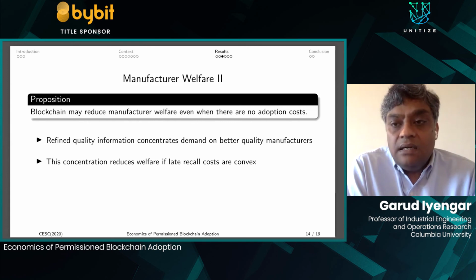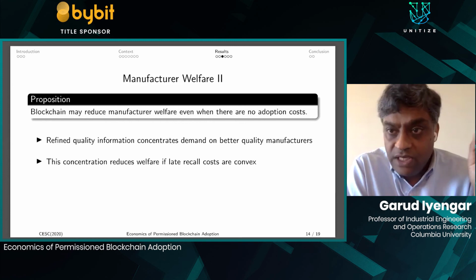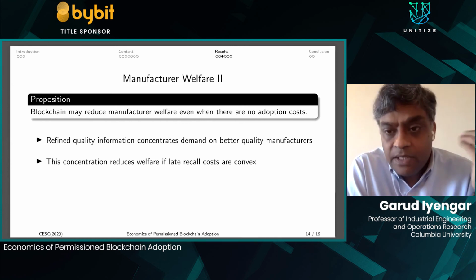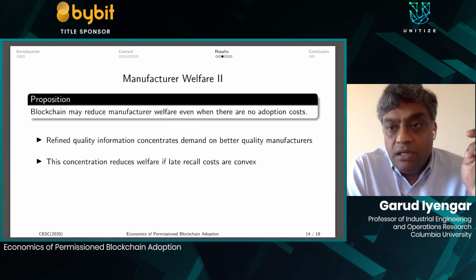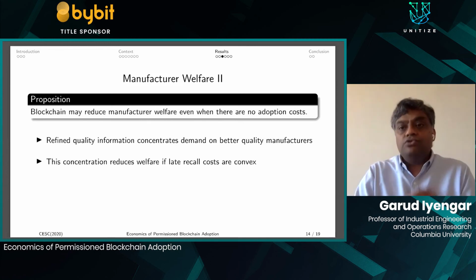And even then, there are no adoption costs. So we've removed the component of the cost. So we can't say that they are not adopting because the cost is too high. Even then, it turns out that adopting blockchains may not be very good for the manufacturers. And the way this happens is through the quality angle.